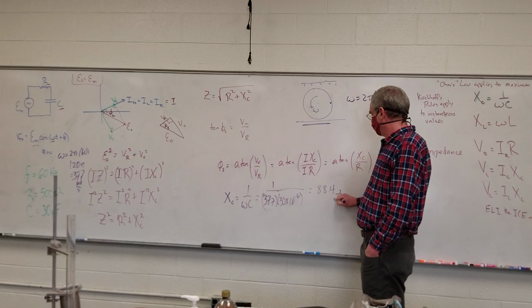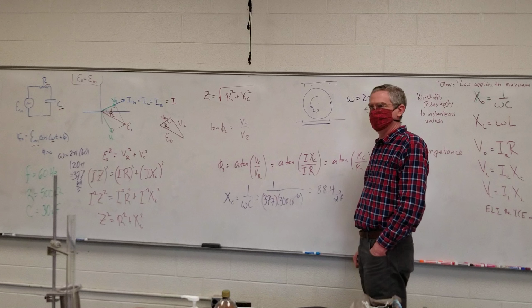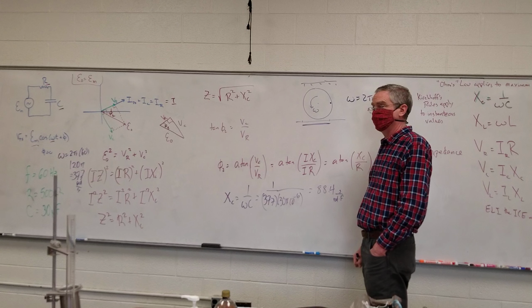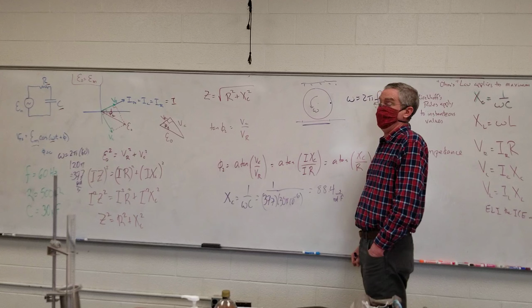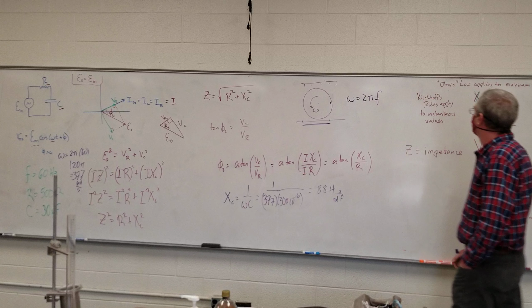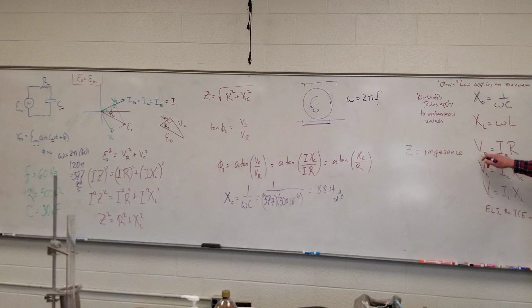Farad? Farad. Seconds per radian farad, otherwise known as a pain in the butt, an ohm. That was good. Looking at the relationship here, we have voltage equal to current times something. Each of these has voltage equals current times something, so these all have to have the same units.